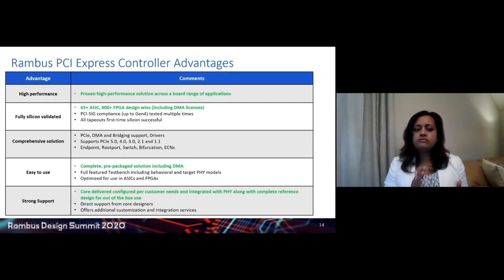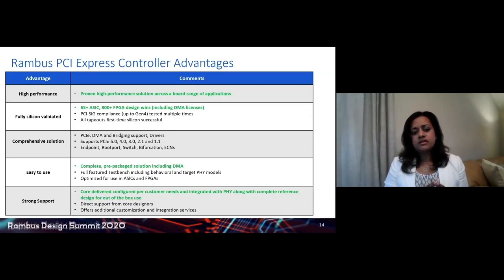And we provide comprehensive application support, such as for root port, endpoint, dual mode, switch, and verification, including ECNs. And our solution is easy to use. We provide a complete prepackaged solution, including DMAs. We provide it with a test bench, including behavioral and target PHY models, and it is optimized for ASICs and FPGAs.